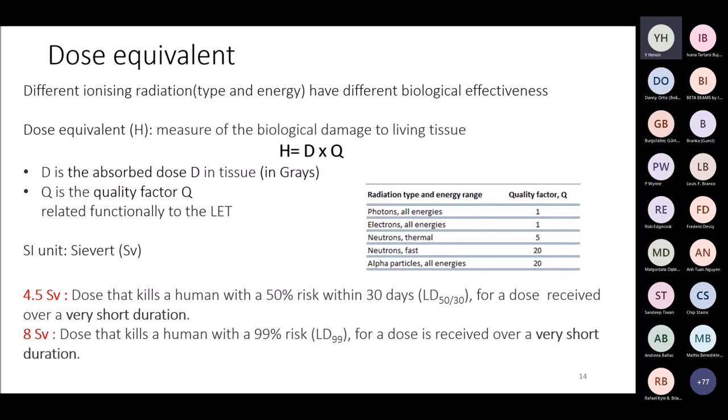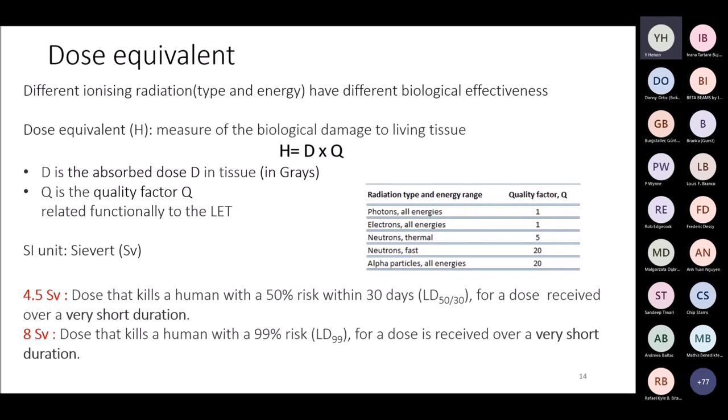The dose equivalent is the product of the physical dose expressed in gray, multiplied by a quality factor that is usually named Q, that is actually related to what I said before, to the LET. So different radiations will lead to different quality factors.